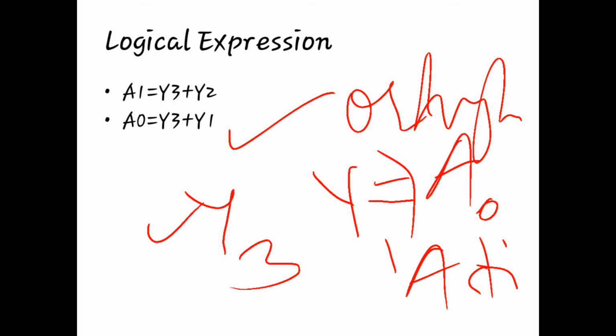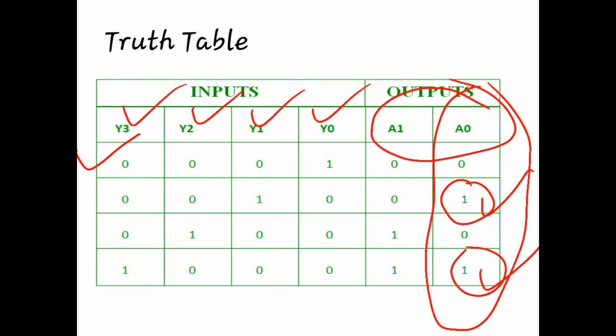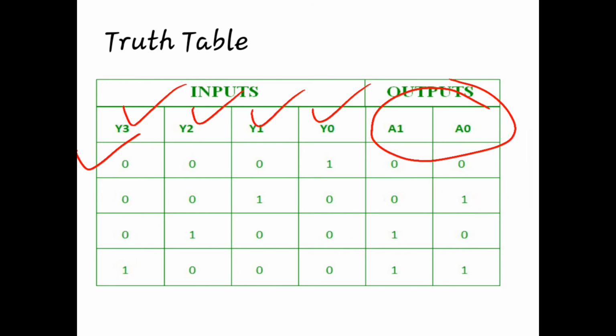Similarly, for the second variable A1, let us go back to the truth table to observe which input lines are utilized in writing the logical expression for A1.